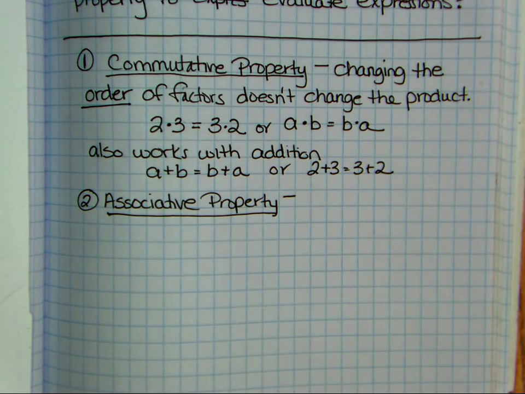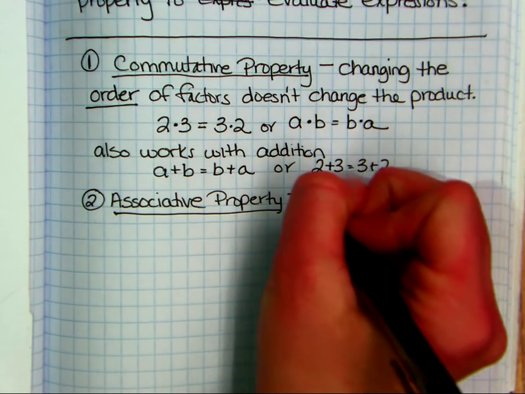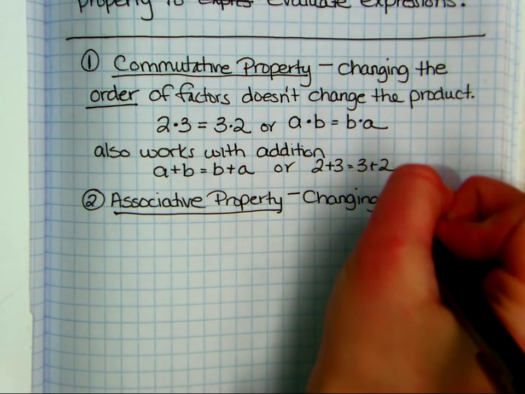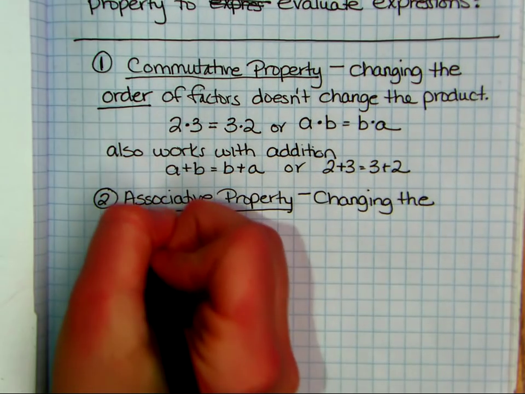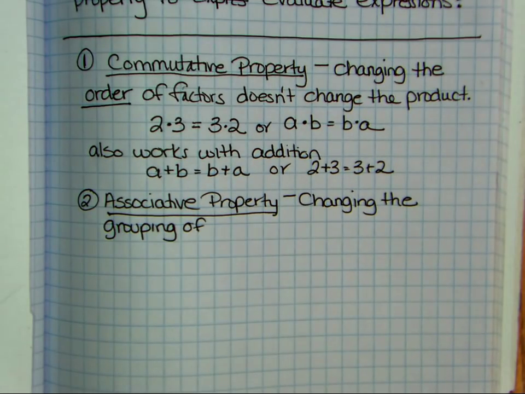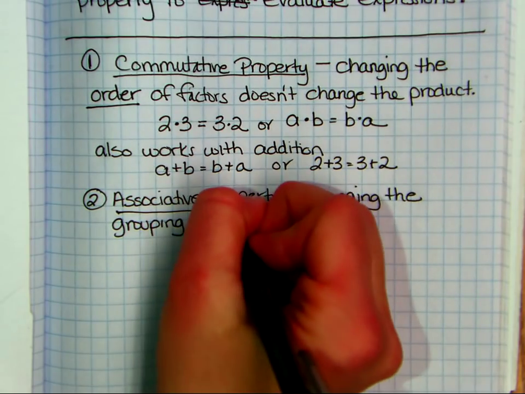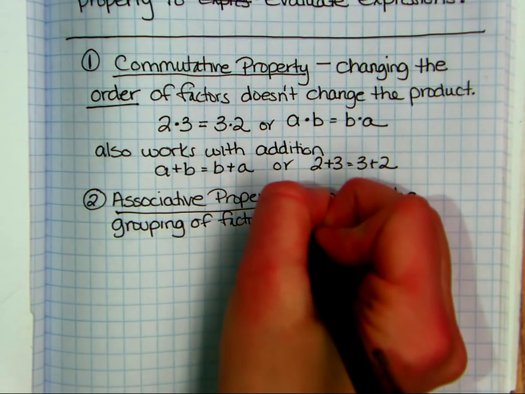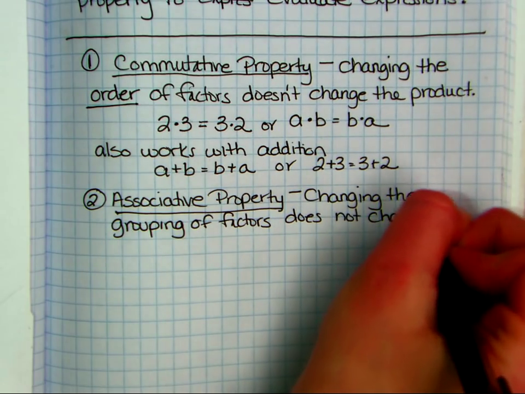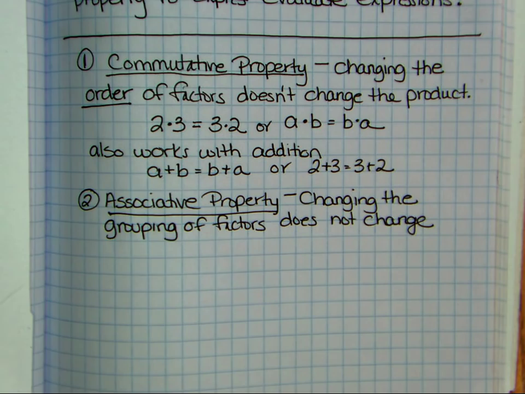The associative property is that changing the grouping of factors doesn't change the product. So let's write that down. Changing the grouping of products, or of factors, excuse me, does not change the product.